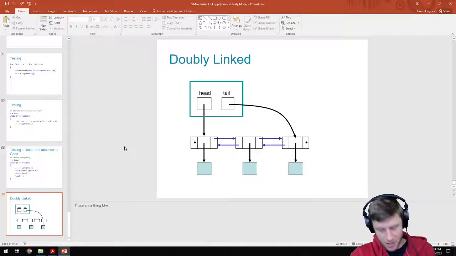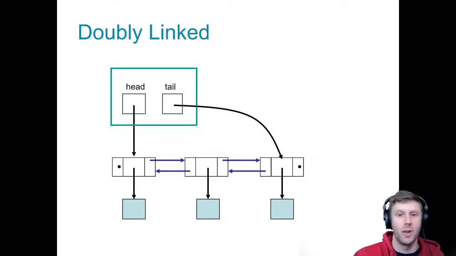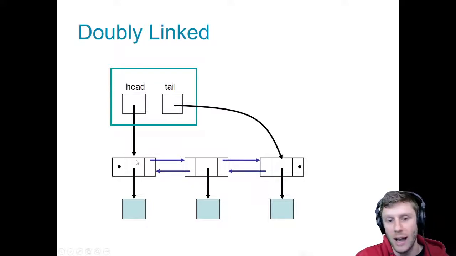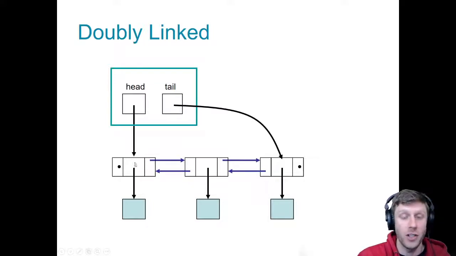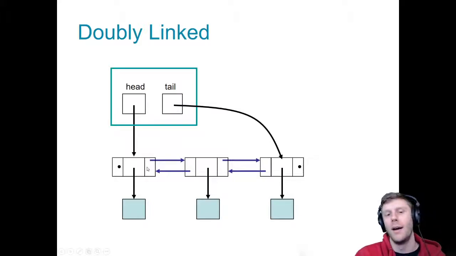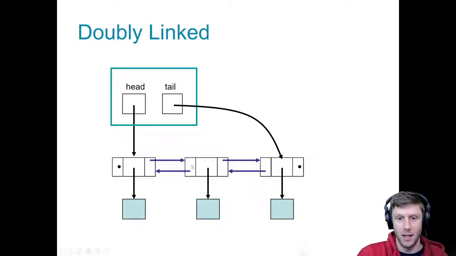And then, of course, there's also these doubly linked structures where we could totally have a head and a tail. And each individual node has a pointer to both its predecessor, which in this case would be a null pointer because it's the beginning, and its successor. So if you ever want the previous, you could just say get previous.